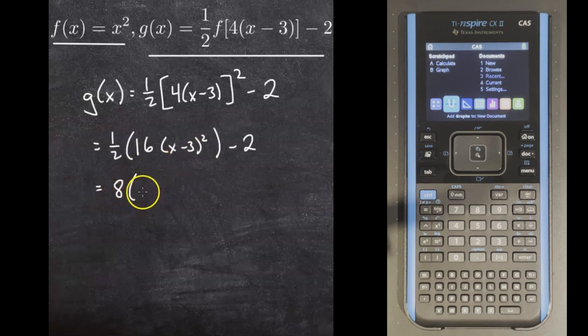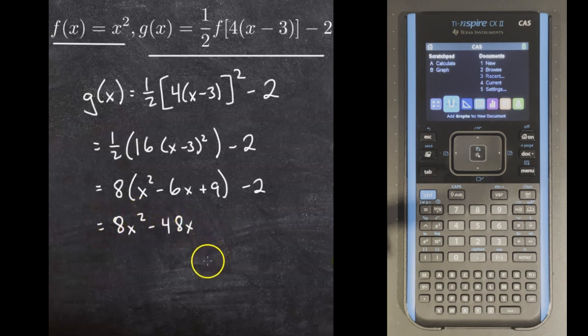And this is a perfect square, so we have x squared minus 6x plus 9, subtract 2. So that gives us 8x squared minus 48x plus 72, and then we still have that minus 2. So finally we have 8x squared minus 48x plus 70.